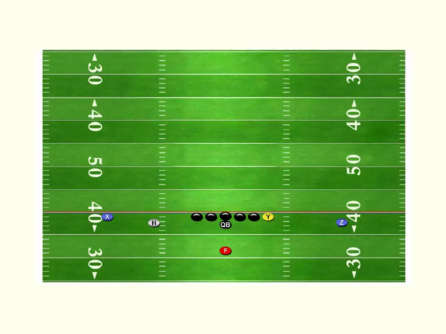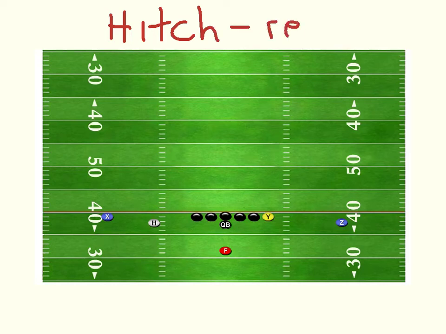Okay, the first route that we'll look at today will be our hitch read. With our hitch read, what we'll get from the Z will be a hitch or a vertical, third outside step, inside turn on the hitch, or if we have the vertical, then without the inside turn, he continues that route in a vertical like Viper.